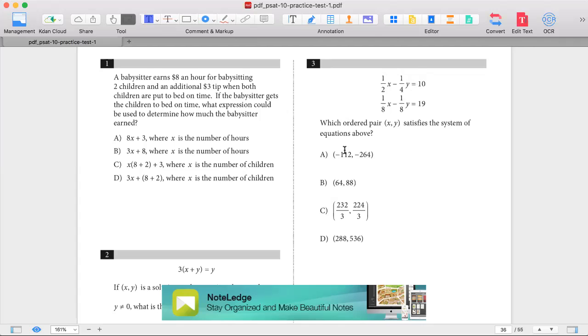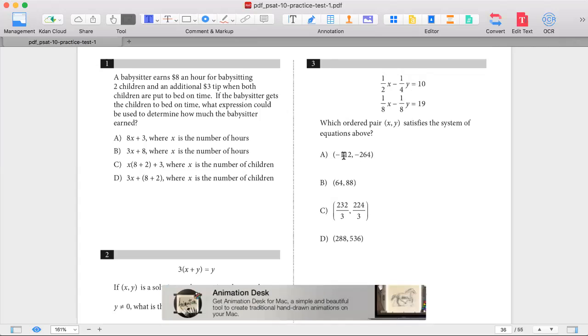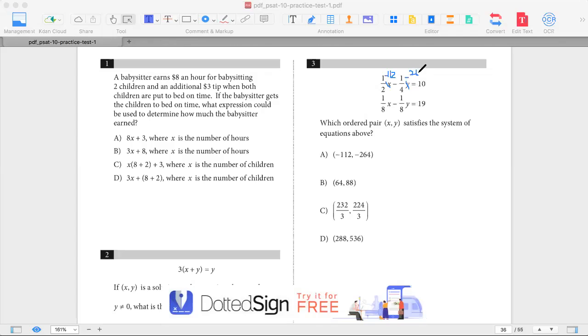So let's start to substitute the values in choice A. I have in choice A, x is equal to negative 112 and y is equal to negative 264, which means I'm going to substitute x by negative 112, and I'm going to substitute y by negative 264.